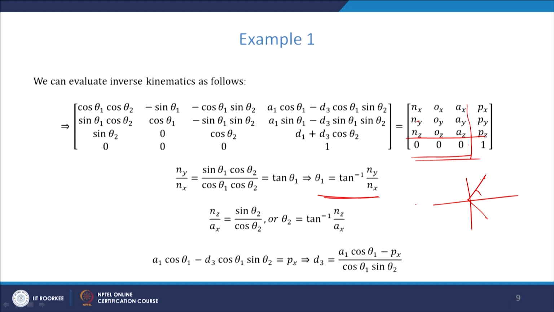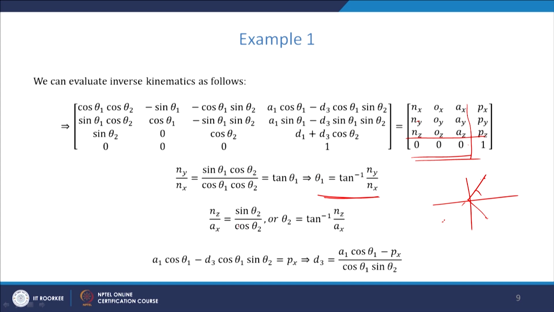If both of them are negative, n x is negative and n y is also negative, it falls in the third quadrant. So, we will get tan inverse of that value plus pi as the angle. So, depending on the n x, n y values and their signs, we will get the exact value of theta 1 from here.